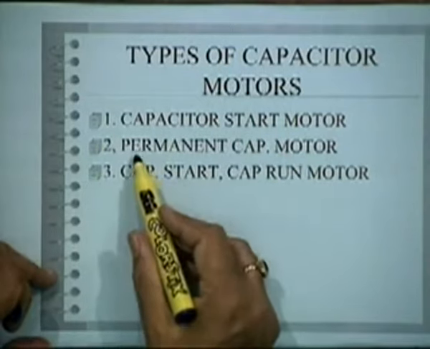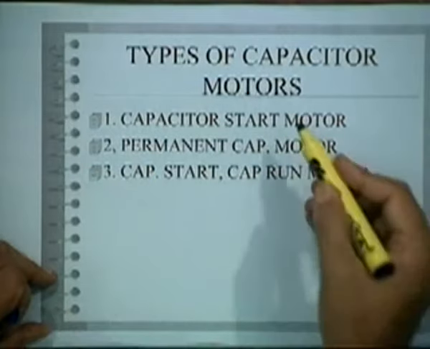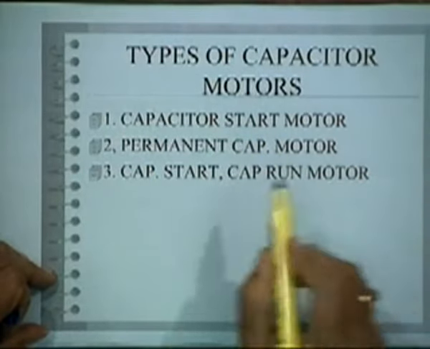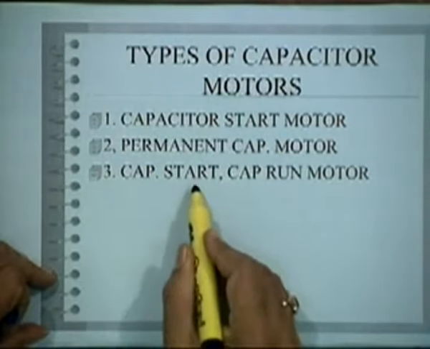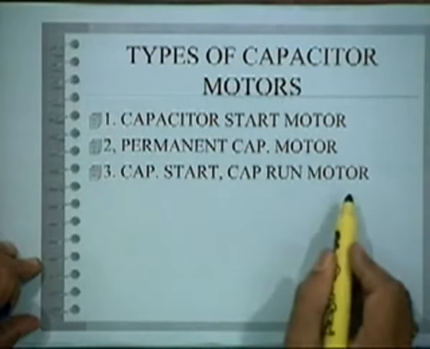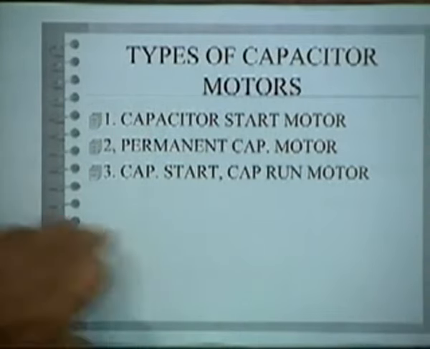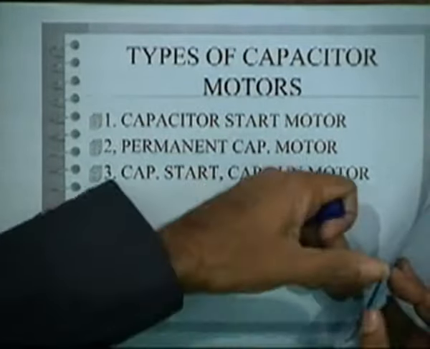Another is where you connect it permanently. You don't disconnect it. Another is where you have one for start and one for run. You have two capacitors, capacitor start and capacitor run. So we'll quickly look at these. What are these three systems?